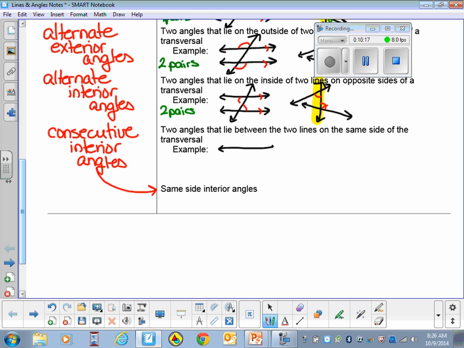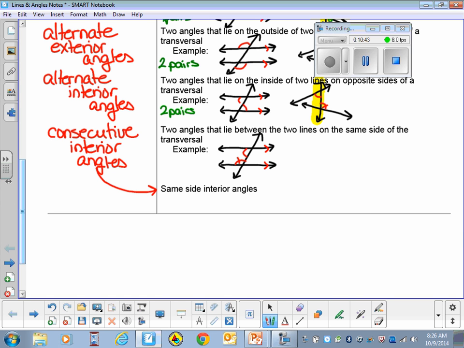If we go with the elementary school example, parallel lines cut by transversal, I'm talking about these two angles. Now, they were not congruent. Did anybody talk about these in elementary school? Okay, if you have parallel lines, consecutive interior angles are supplementary.